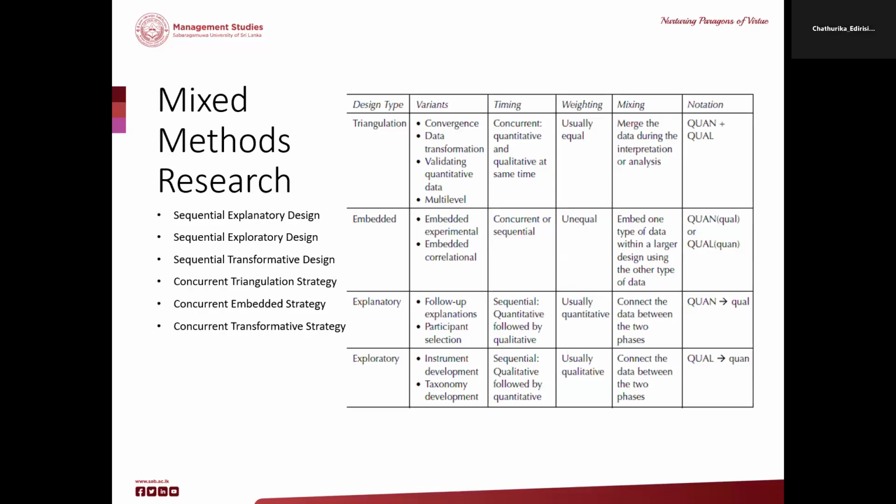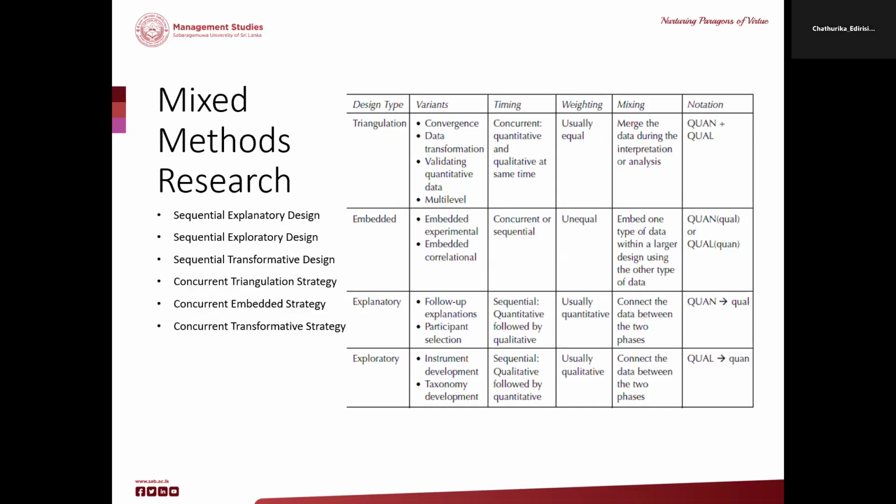So what do you mean by sequential exploratory? That is also a question we do have. Sequential exploratory means that there is a sequence, one followed up by another. But the exploratory part is given higher weightage and it comes first, meaning qualitative data collection and analysis in the first phase, followed up by the quantitative.